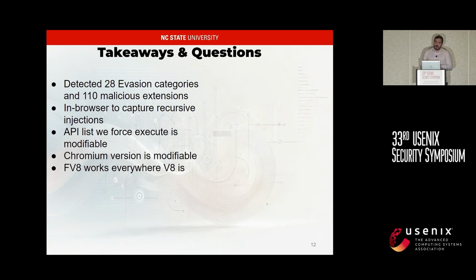We can always modify the API list in case this list changes. We have tested our patches with at least 20 different Chromium versions, from 22 versions before up until the latest version at the time of publication of this paper. And the last thing I want to mention is that FV8 works everywhere that V8 is. So again, the Node.js packages, the extensions, and all the websites.